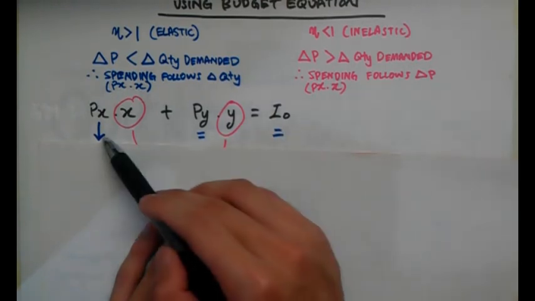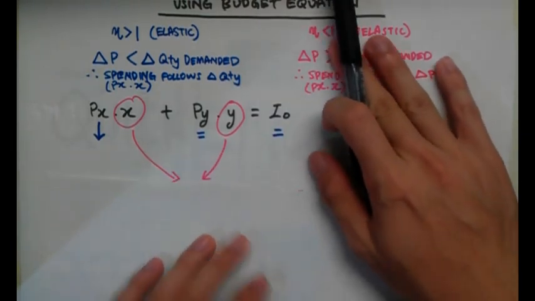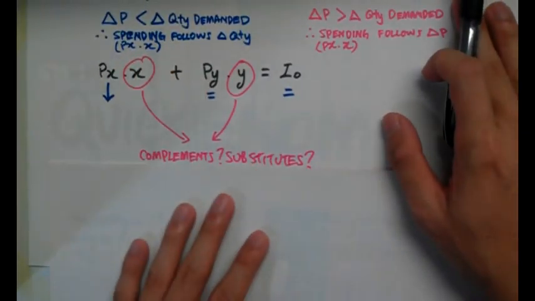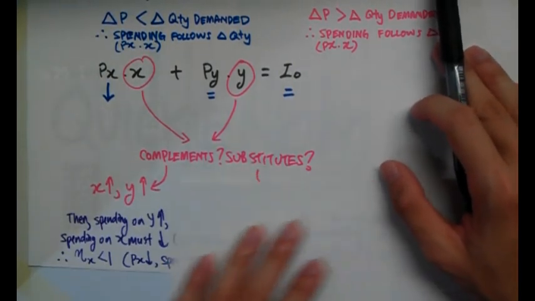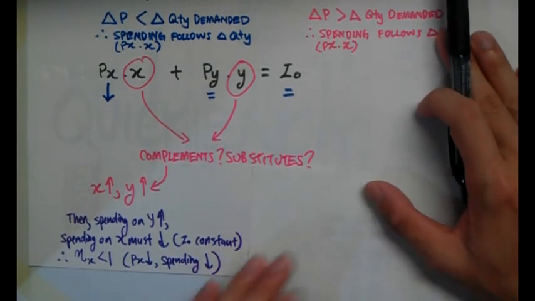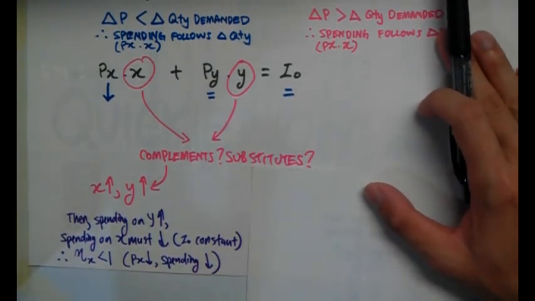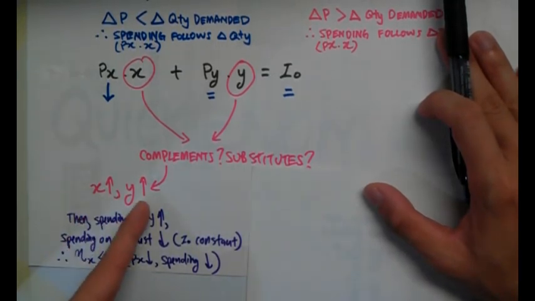So the only thing that has changed intentionally is the price of X. After we have done this, we will need to look at whether X and Y are complements or substitutes. Because if they are both complements, I decrease the price of X, naturally the quantity demanded for X will increase. And as the quantity of X increases, Y will increase as well because they are complements.